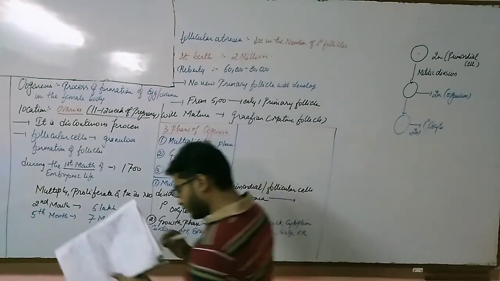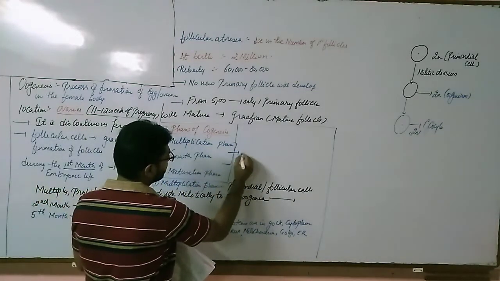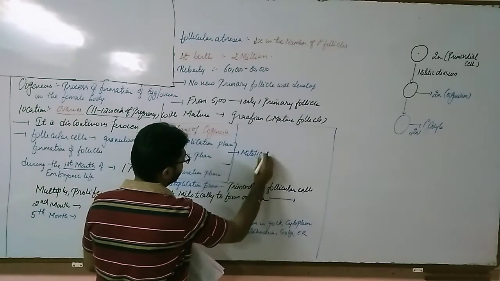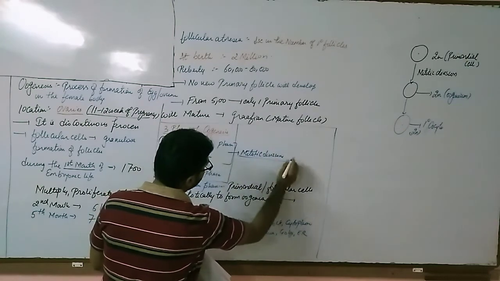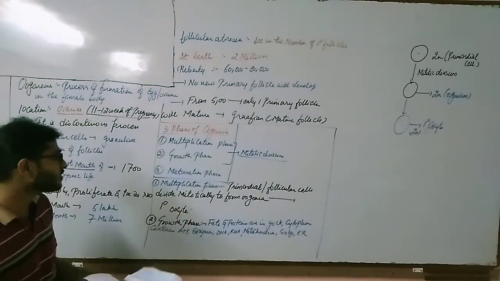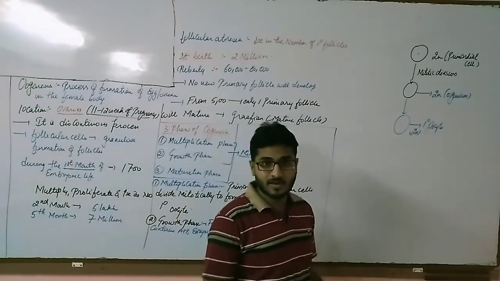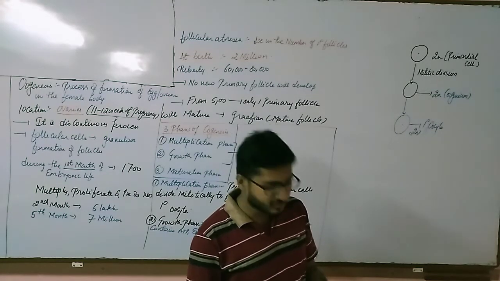So up till now, that is in the multiplication phase as well as the growth phase, the divisions were purely mitotic divisions. Now what is going to take place in the next, maturation phase? In that, meiosis will take place in two subsequent steps, that is meiosis 1 and meiosis 2.